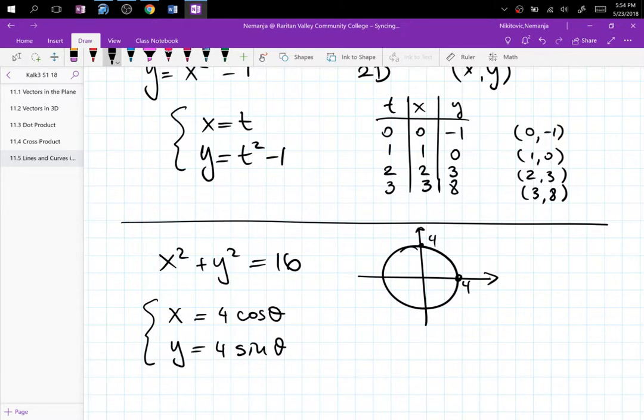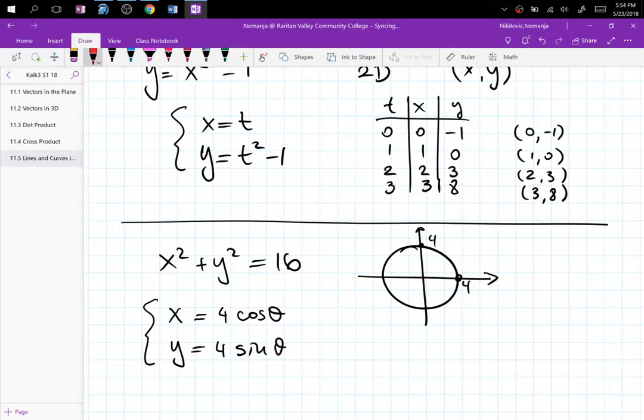Why have I done this? Well, for the most obvious reason: the circle is not a function. Both of these equations are functions, right? So we took something that is not a function and we parametricized it in a way where we got two functions. I have each of the dimensions represented by an equation which is a function.